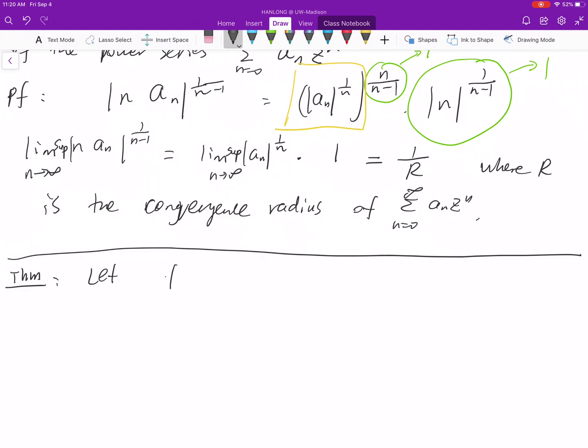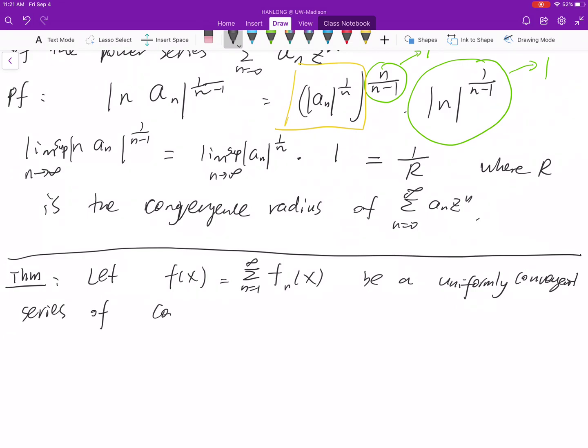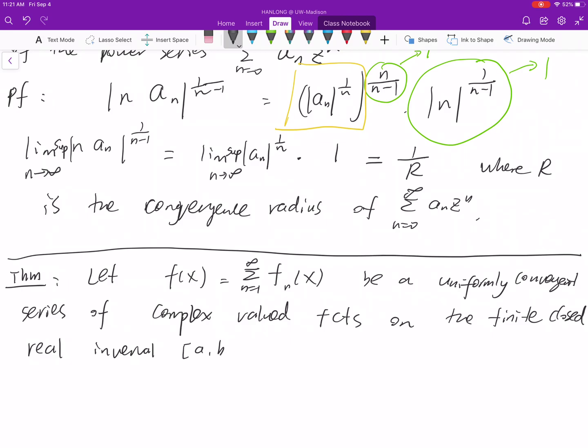So let f(x) be a uniformly convergent series of complex valued functions on the finite closed real interval [a,b].